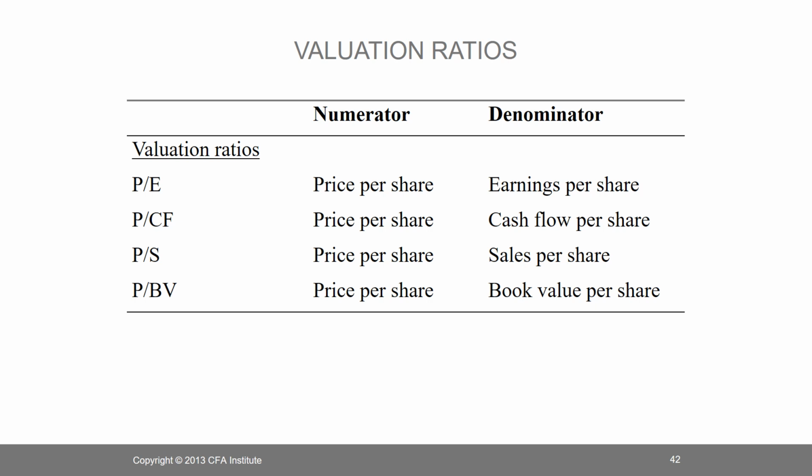Assuming that book values reflect the fair values of the assets, a price to book ratio of 1 can be interpreted as an indicator that the company's future returns are expected to be exactly equal to the returns required by the market. A ratio greater than 1 would indicate that the future profitability of the company is expected to exceed the required rate of return, and values of this ratio less than 1 indicate that the company is not expected to earn excess returns. Or you could interpret it as the company being undervalued.